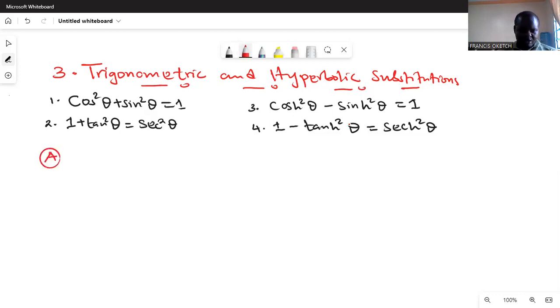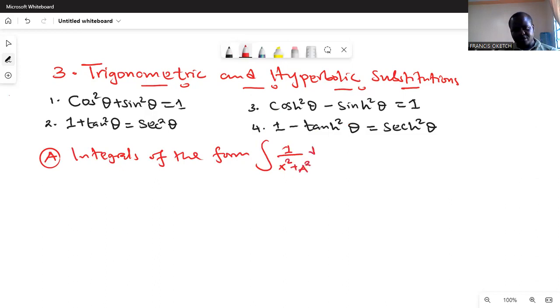Let's say integrals of the form the integral of 1 over x squared plus a squared dx. a is a constant, take note. x is a variable and a is a constant.